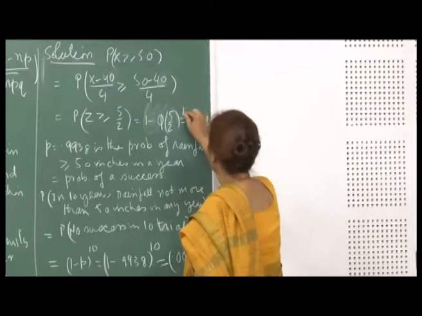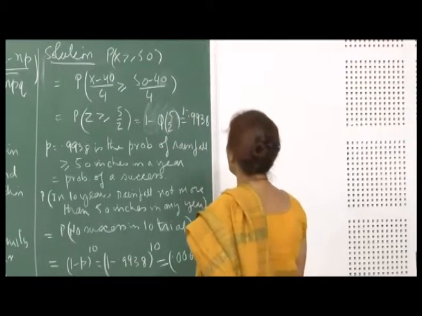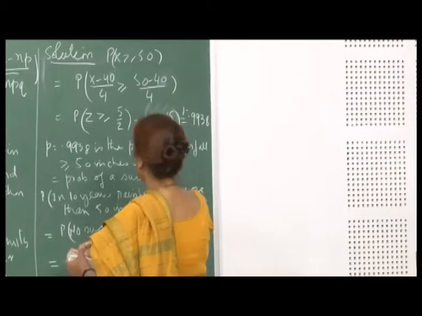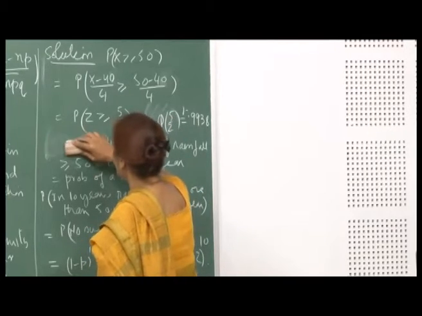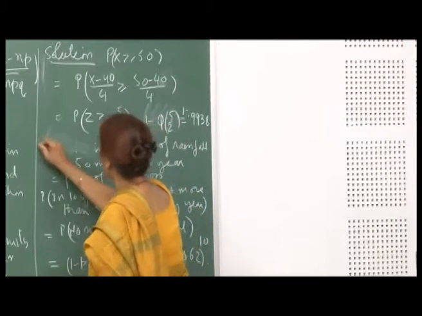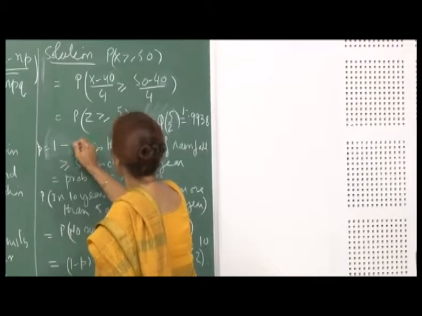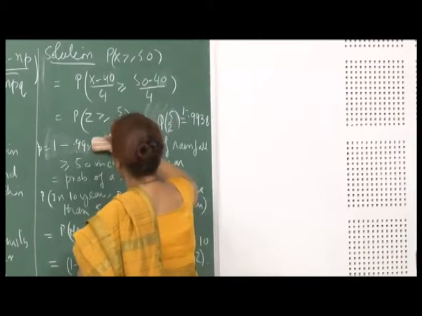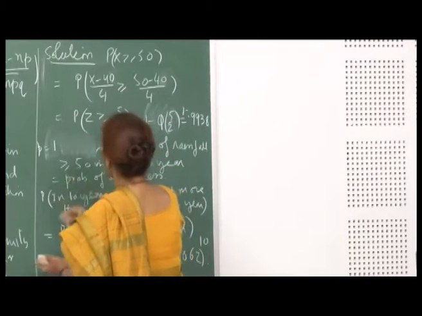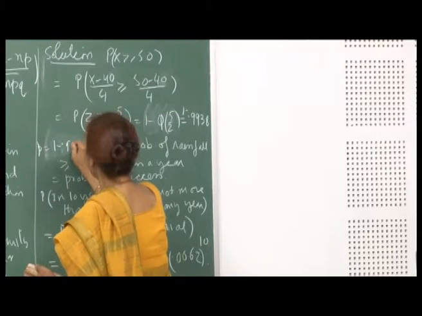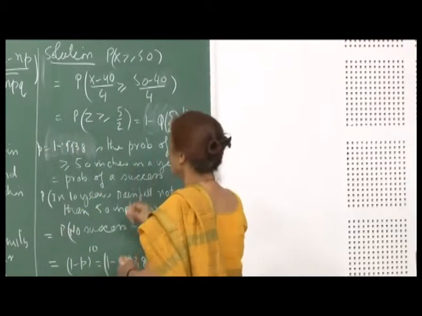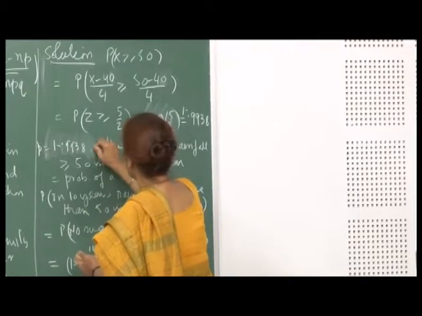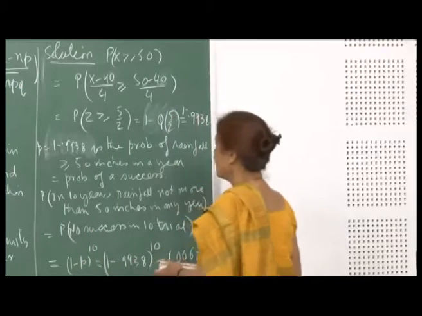So, this will be 1 minus 0.9938. This is the probability of rainfall.